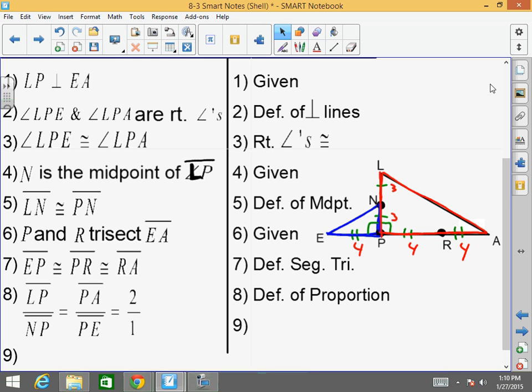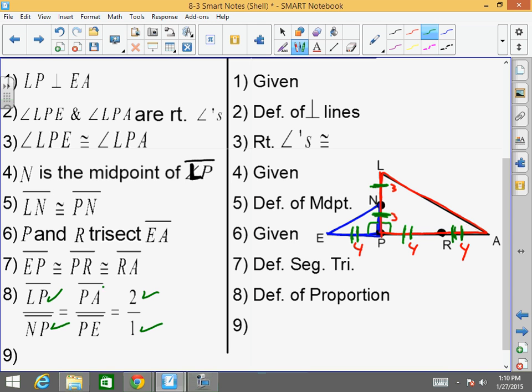Again, I made up those numbers. What I saw is I said, okay, wait a second. LP has 2 green tick marks when NP only has 1 green tick mark. So LP to NP is 2 to 1. You feel me? And then I said, okay, PA has 2 double green tick marks, right? But EP only has 1 double green tick mark.